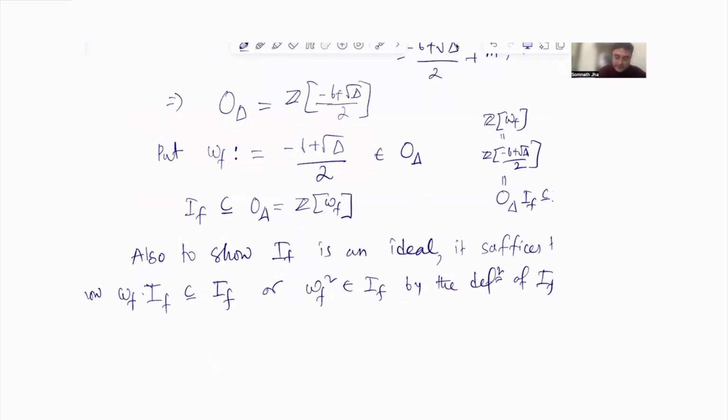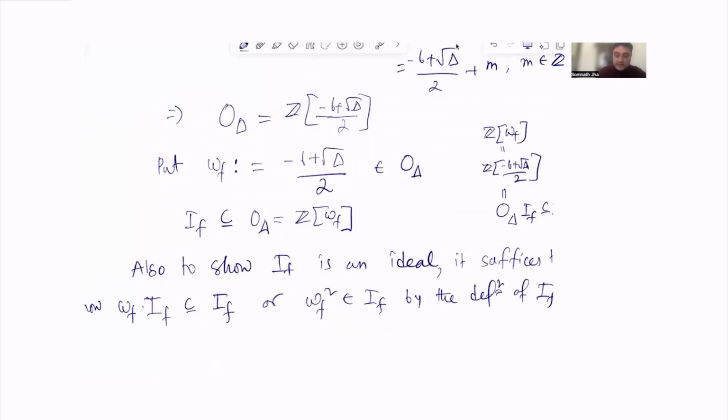That basically turns out to showing that omega f times I_f is contained in I_f. Again, by definition of I_f, it is a Z linear combination of an integer element A and this omega f. So it's enough to show omega f times omega f inside I_f by the definition. Okay, so these are some reductions.